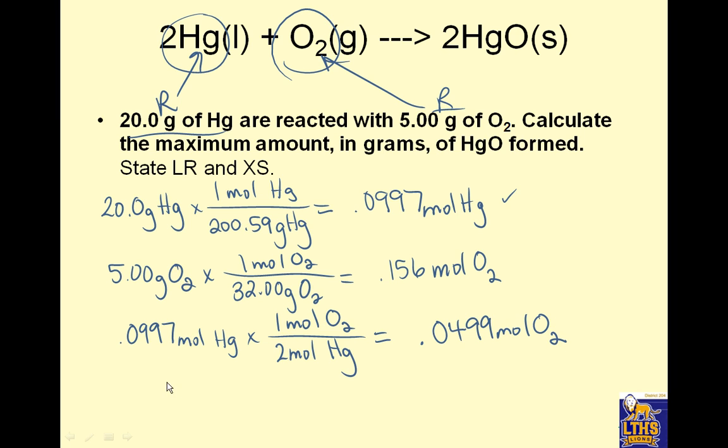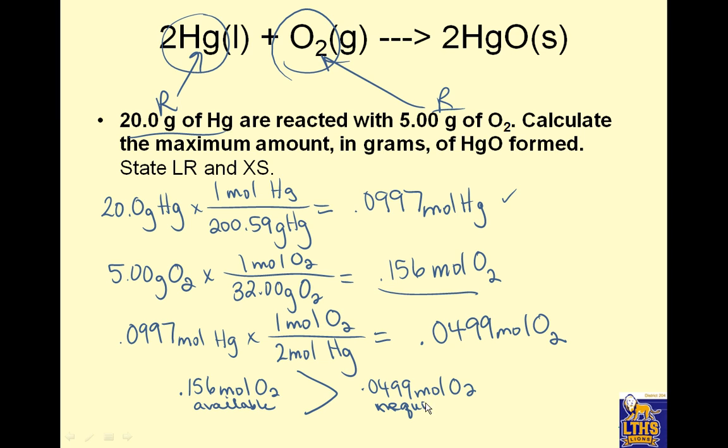Okay, so what it means is that I have 0.156 moles of oxygen available, right? How do I know that? It says right here, all right. But I only will use 0.0499 moles of oxygen needed or required to react with all of the mercury.